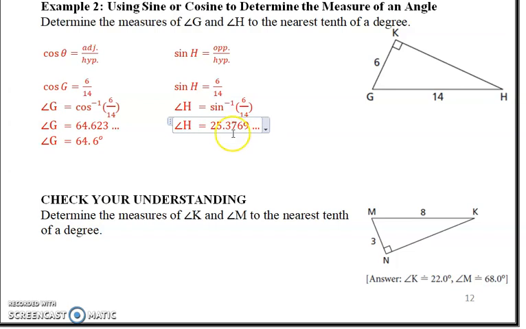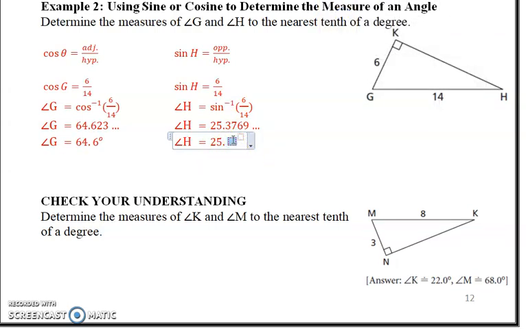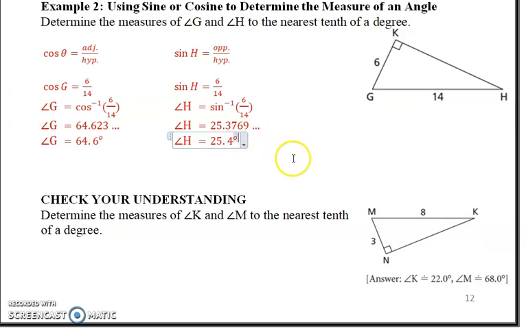25.3769, so we know that angle H is equal to, the 7 rounds the 3 up to a 4, so it is indeed 25.4. Remember, you could have just subtracted, because the 3 angles do add up to 180, or G and H add up to 90.